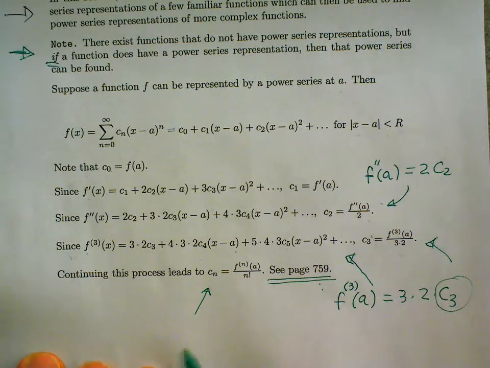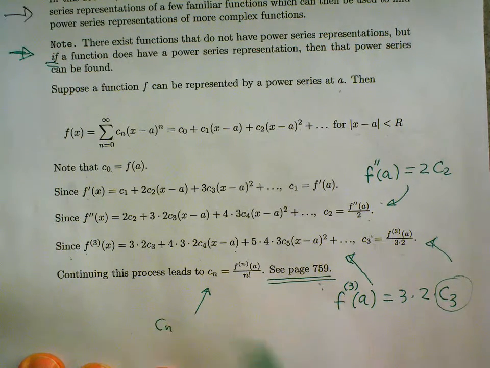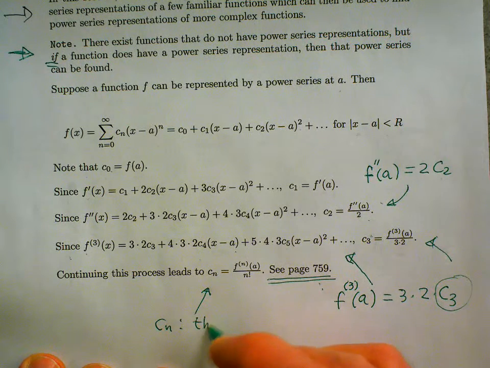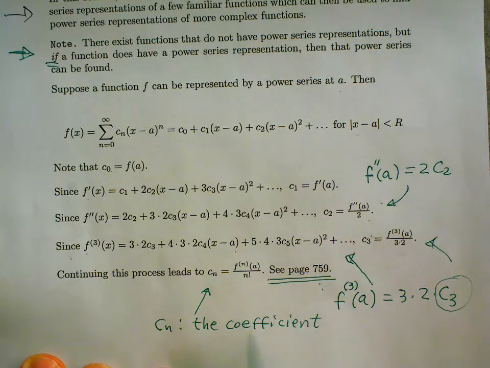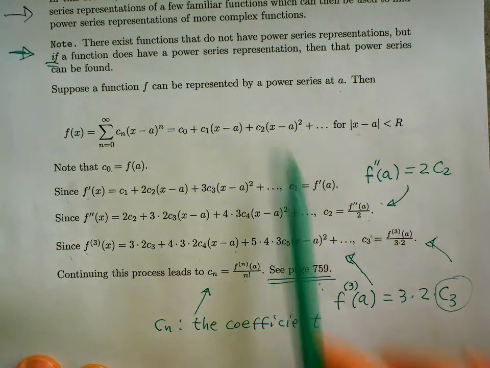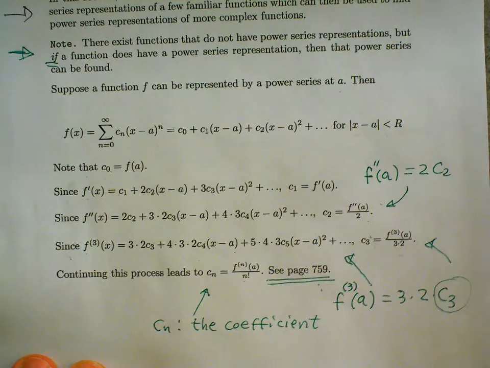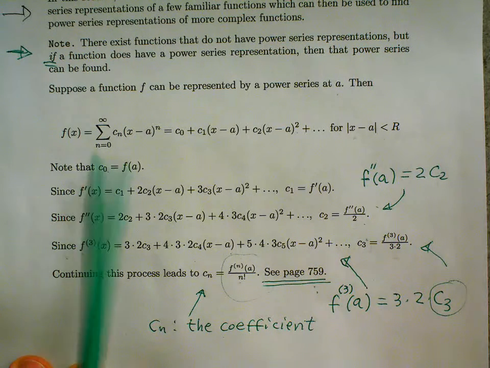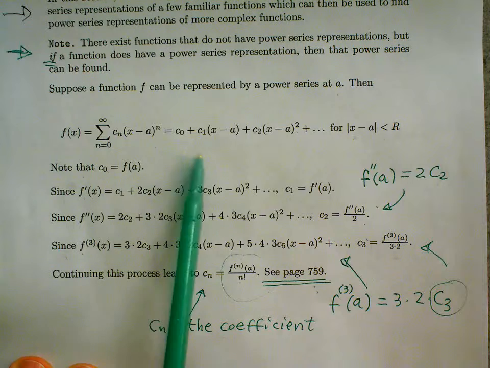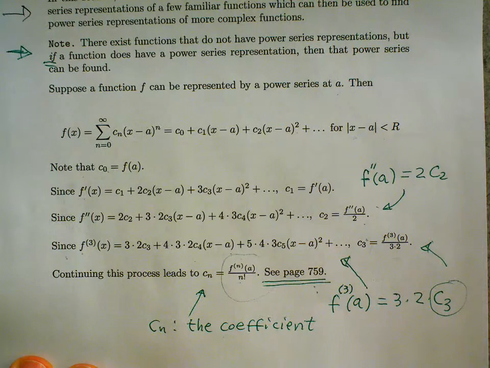So just a note, c sub n is the general coefficient for the power series. So this is kind of a nice formula for the coefficients of a function that can be represented by a power series at a.